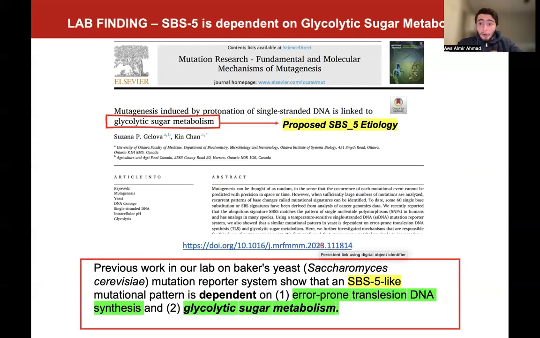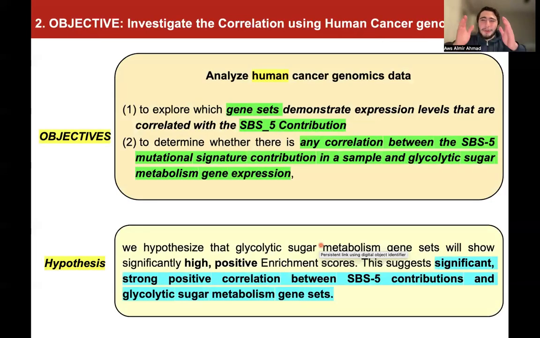However, the goal of my rotation project is to analyze human cancer genomics data to assess the validity of this hypothesis, to assess the relationship between SBS5 contribution and glycolytic sugar metabolism.